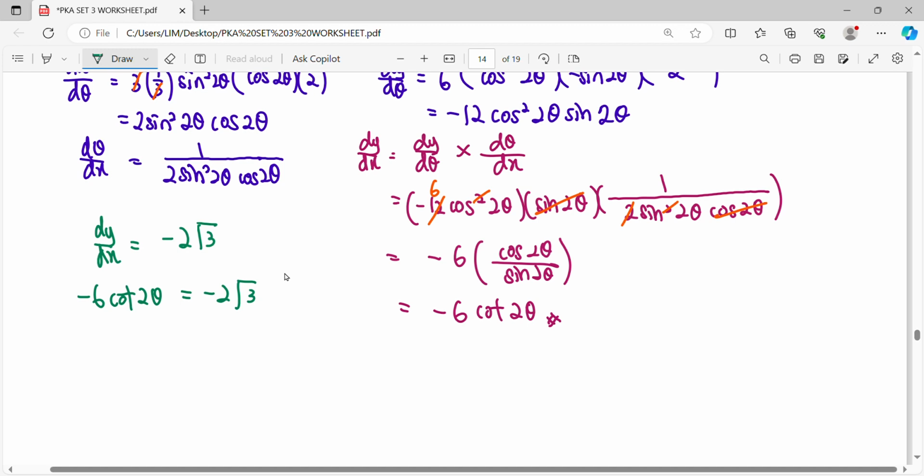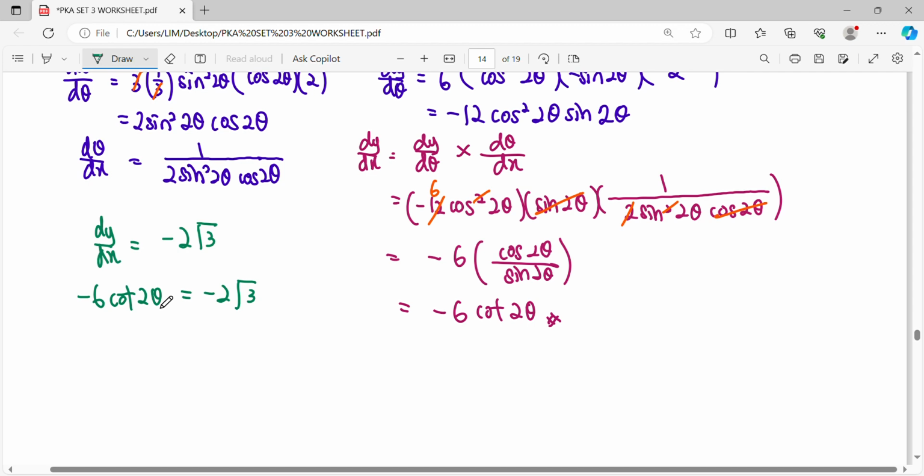Finding theta means solving a trigonometry equation. The first step is range, followed by quadrant, then basic angle, and lastly we rotate.